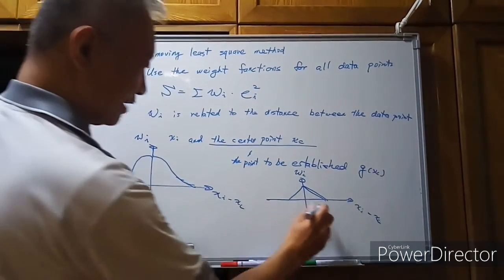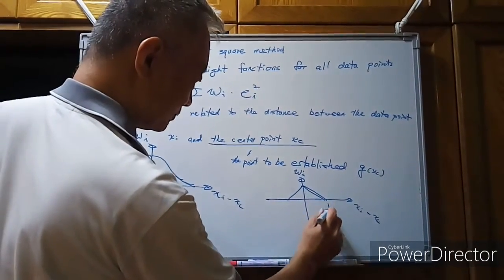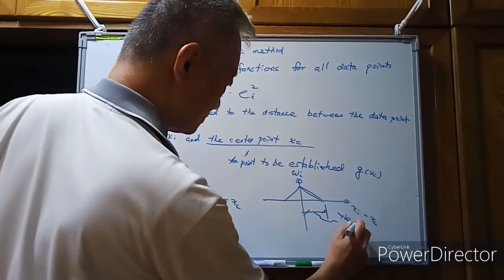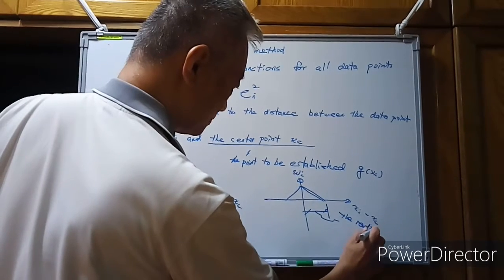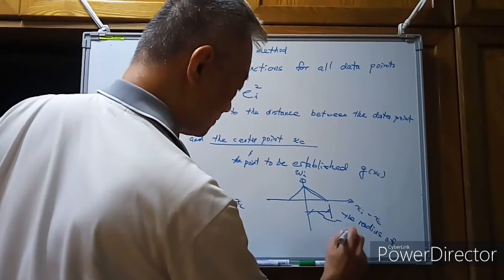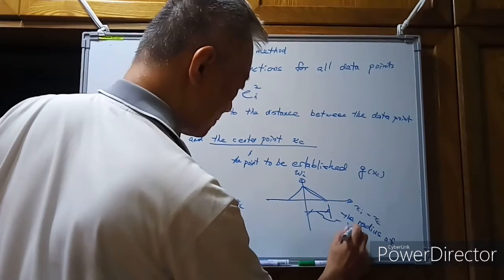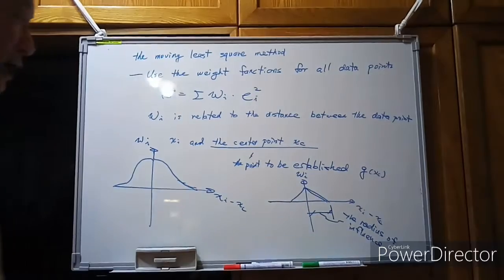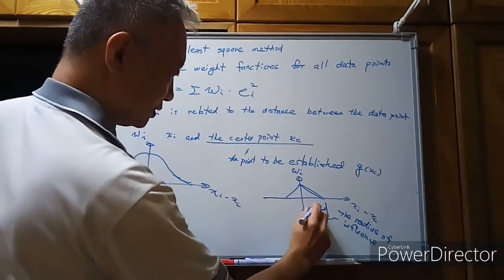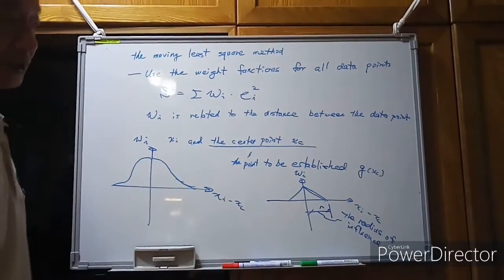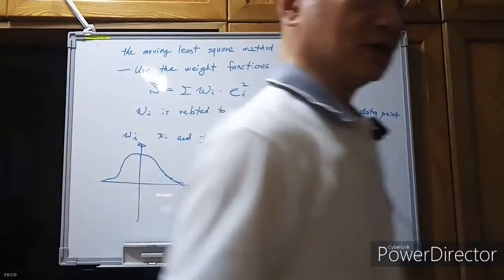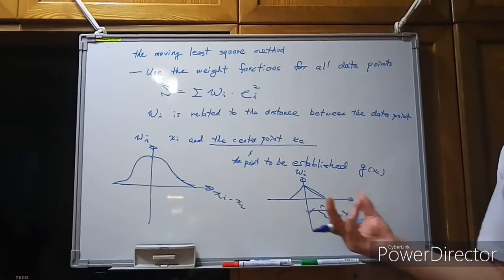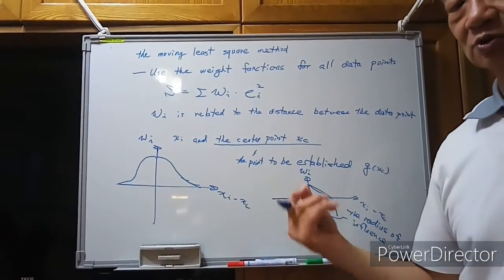Okay, so we have the influence radius. I will call this one R, the radius of influence. So if the distance is greater than the radius of influence, the weight will be equal to 0.